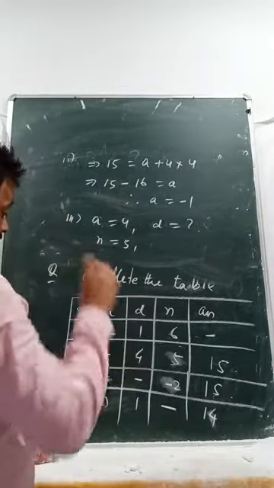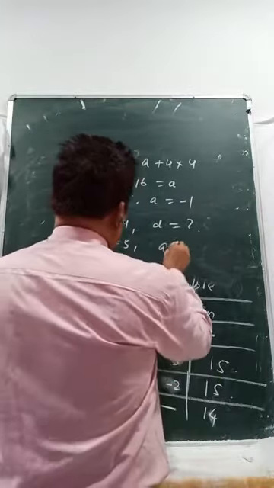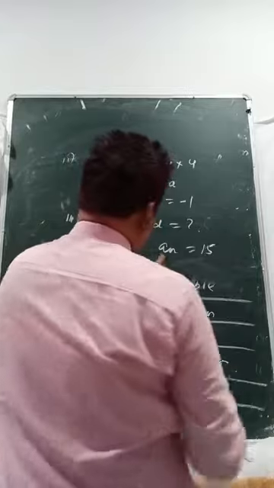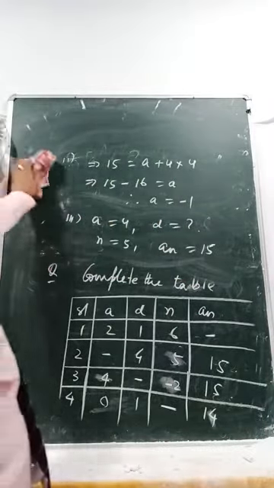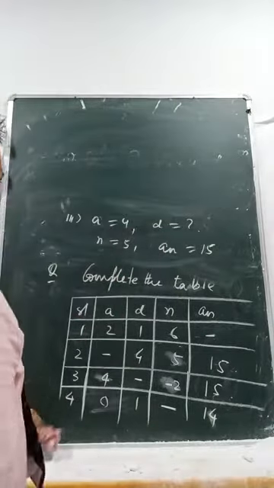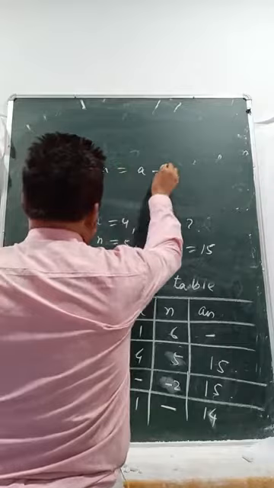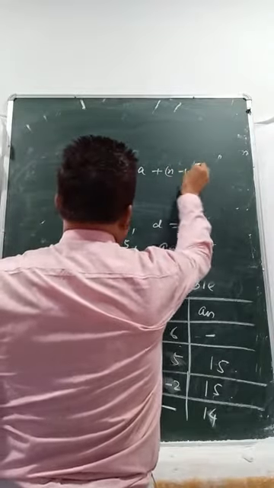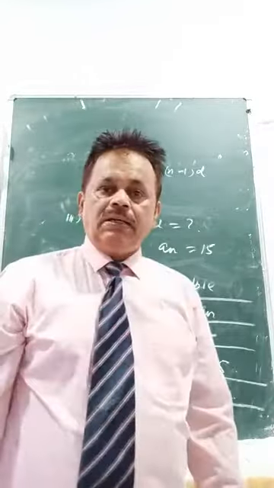And an is 15, last term. An means last term. Last term is 15. So what shall I write here? You will write an equals A plus n minus 1 into D.